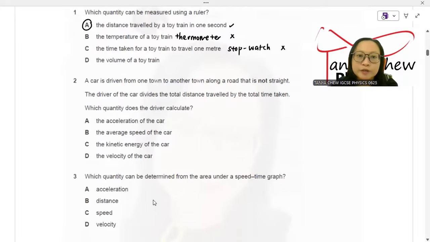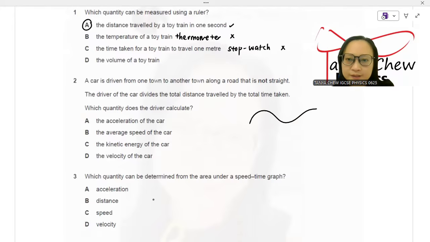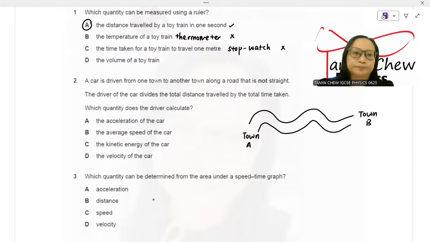Number 2, a car is driven from one town to another town along a road that is not straight. Maybe like this. So maybe this is town A, this is town B. The driver of the car divides the total distance traveled by the total time. Total distance divided by total time, that is the formula of average speed.